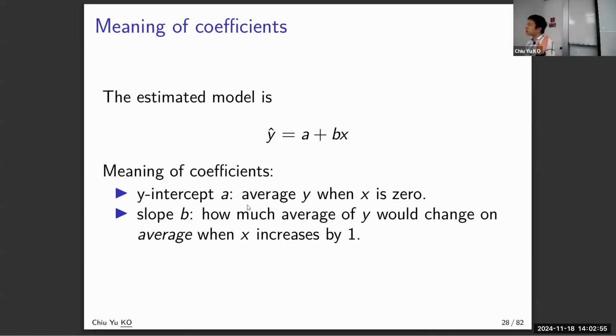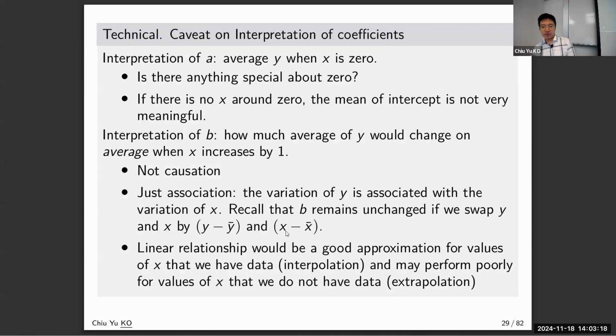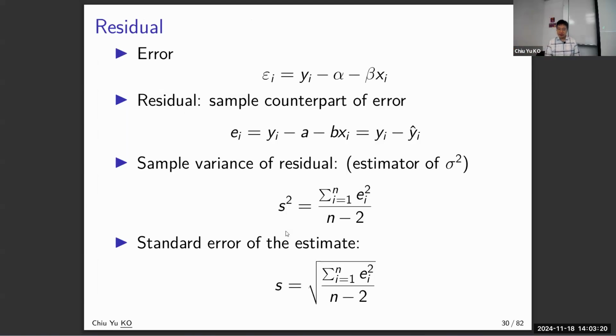Do note that it doesn't mean that if we change X by 1, Y goes up by 1. That's another story. It's just saying that if I compare two observations, one with higher X, I expect Y to be higher by beta. It doesn't mean that if you change X, Y changes by that, because you may not be able to change X. Is that okay?